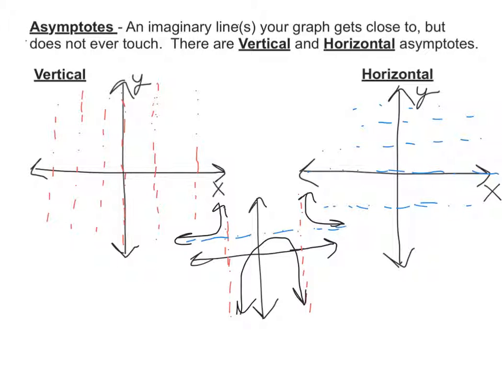There could be many different ways this could be, but those lines I just drew in black are getting very, very close as they continue out to infinity and negative infinity, up the y-axis and down the y-axis. They are getting very, very close to those blue and red lines, but they never ever will touch them. They're getting so close they look like they're touching, but they actually never will.